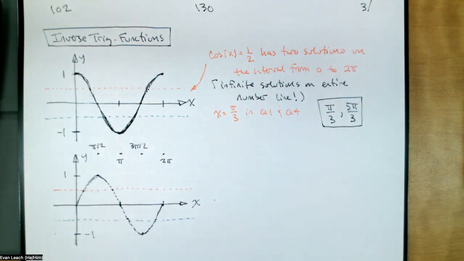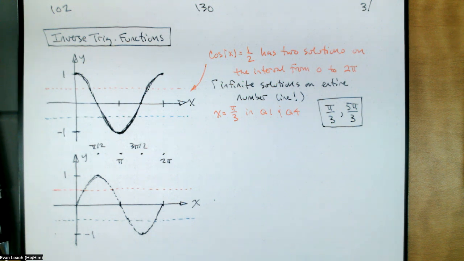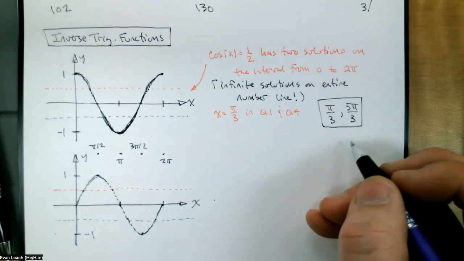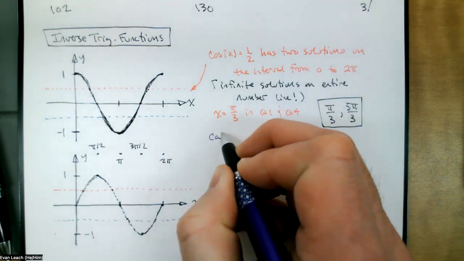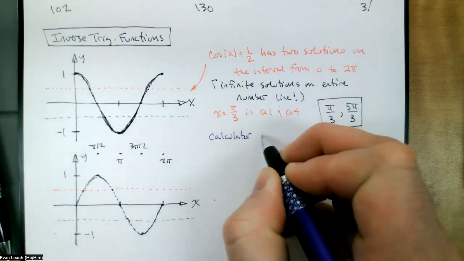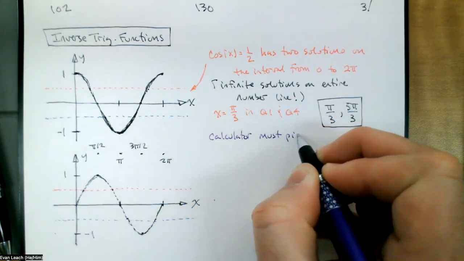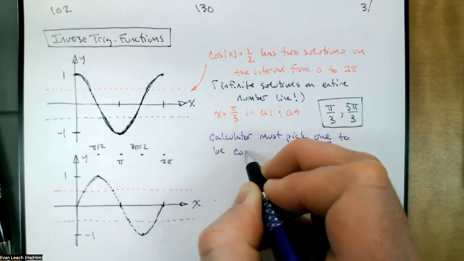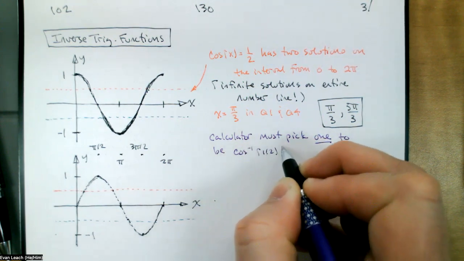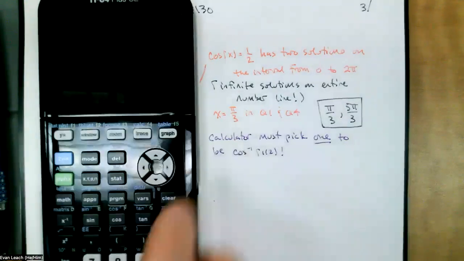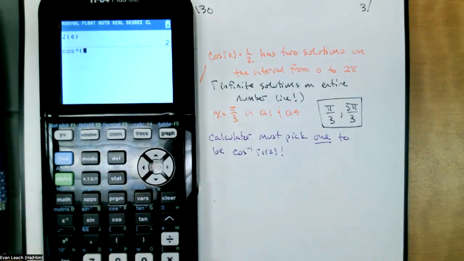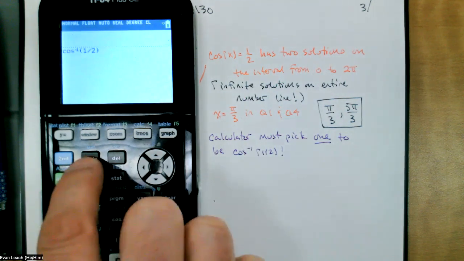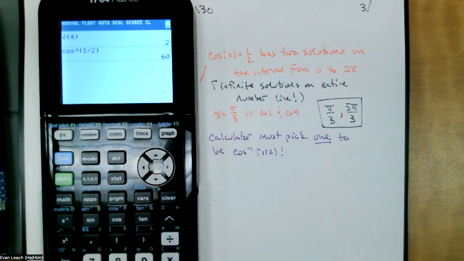When we ask our calculator what cosine inverse of 1/2 is, it has to pick one. So if we ask the calculator, what is the cosine inverse of 1/2? It will pick 1. We're in degrees, so that's fine. It picks 60.